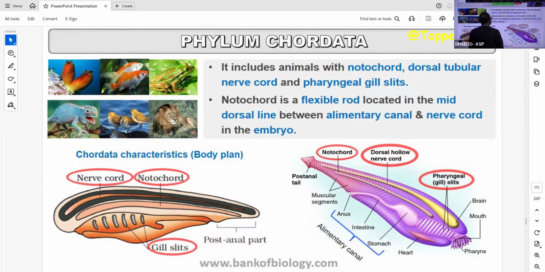These characteristics or features can be either embryonic in nature, or it is present even in adults. So on the basis of both. But these features are common to all these organisms, either in the embryonic developmental stages or in the adult stage. Okay, fine. Now see here.